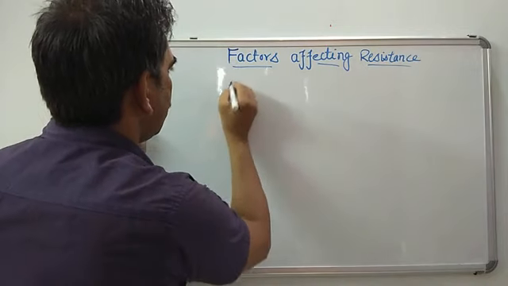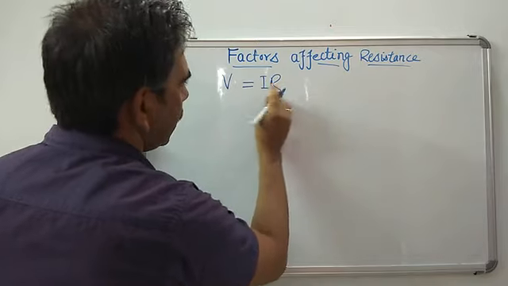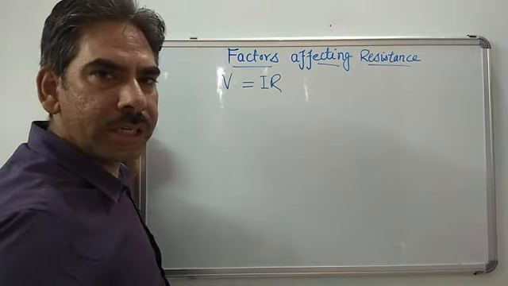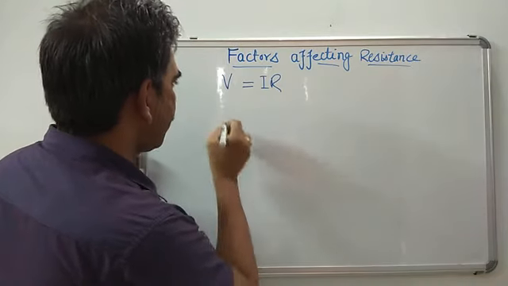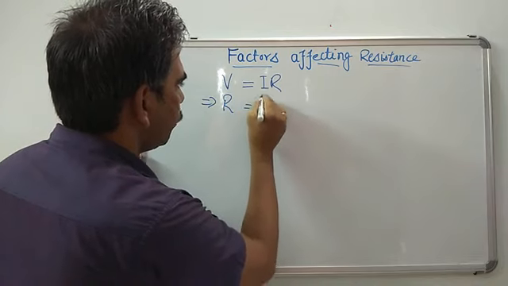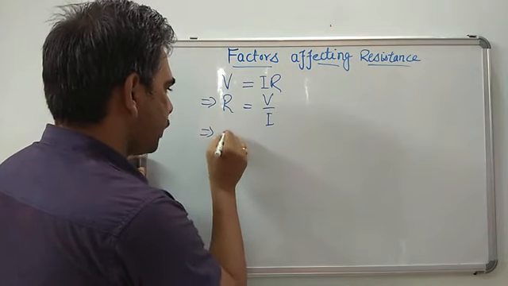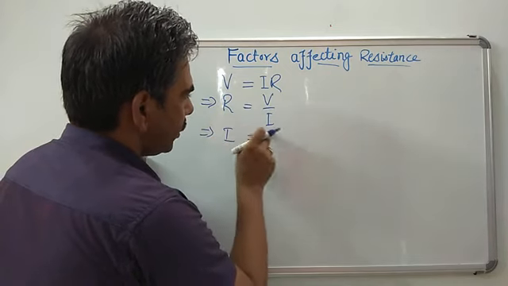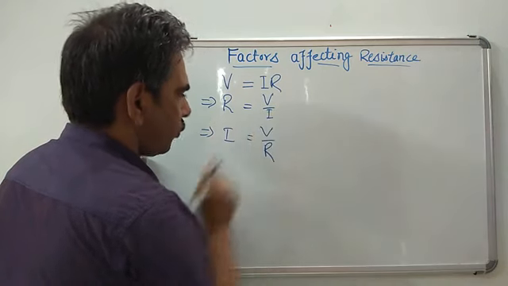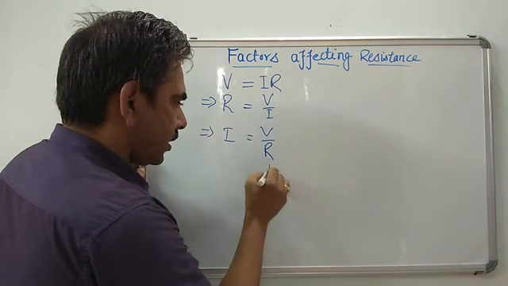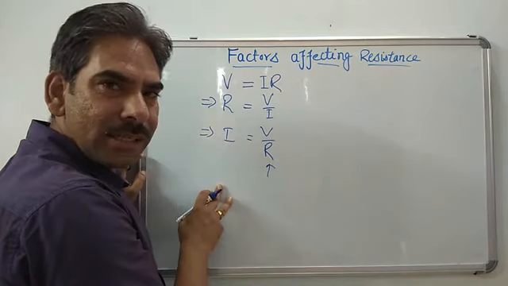So from Ohm's law we know that V is nothing but I times R, where R is the constant which I have introduced here as the constant of proportionality. So from here R comes out to be V upon I, or if we calculate I, which is the more important term, I is given by V upon R. From here we understand that if the resistance of the conductor is more, then the current through the conductor will be less.